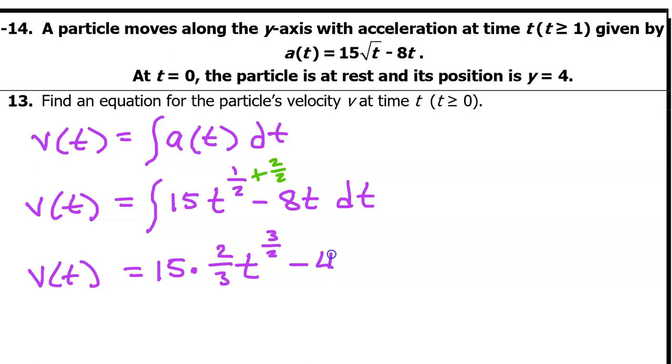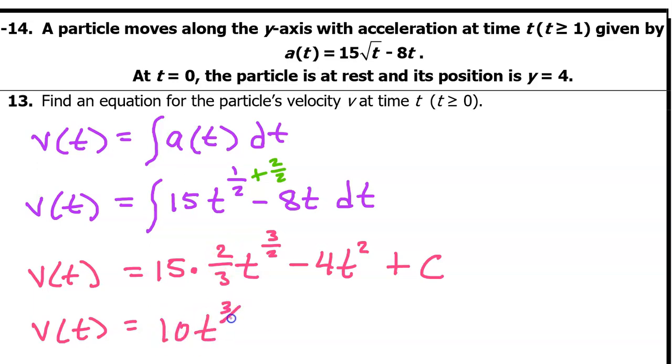So we're going to have minus 4t squared. Time for the constant of integration. We can simplify this a little bit. 3 goes into 15 5 times, and then 5 times 2 is 10. So we will have 10t to the 3/2 power minus 4t squared plus c.